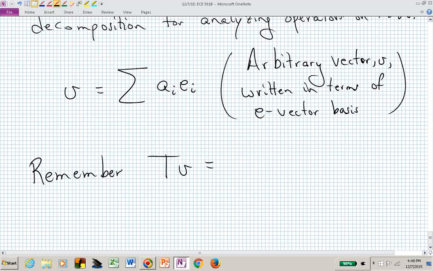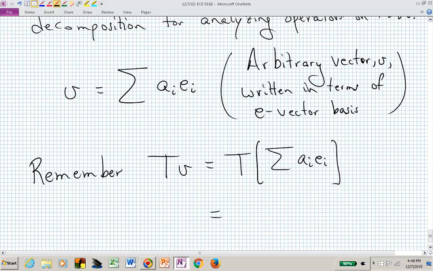Meaning TV is T operating on this linear combination of eigenvectors, where the eigenvectors are scaled, but the scalars can slide outside that operator, and now we have a sum of A sub i operating on T E sub i.